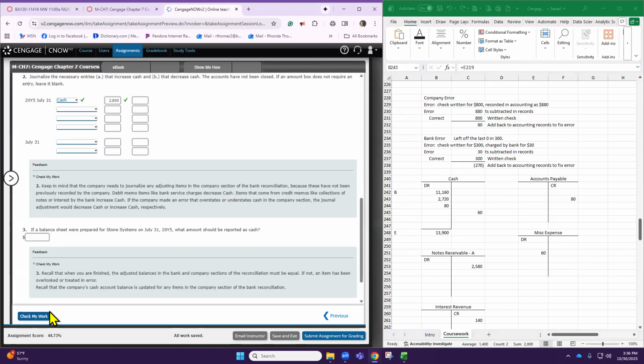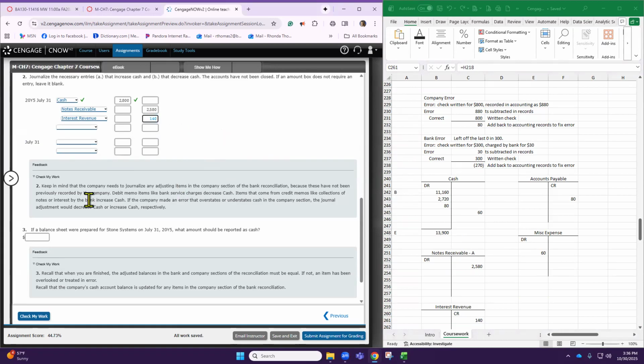Okay, and what made that go up? Well, there's two entries from the note and one entry to correct that error. So this is going to be notes receivable for the face, right? So this is $25.80 right here. And then the interest is interest revenue to go with it. The $140 is the interest.